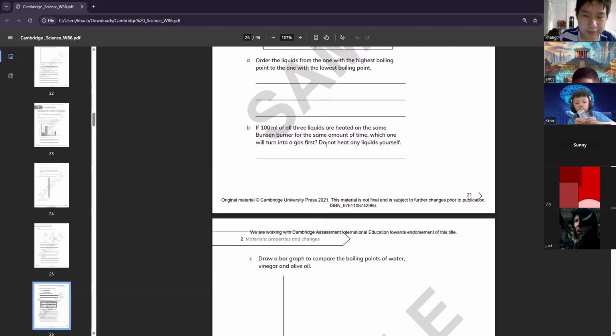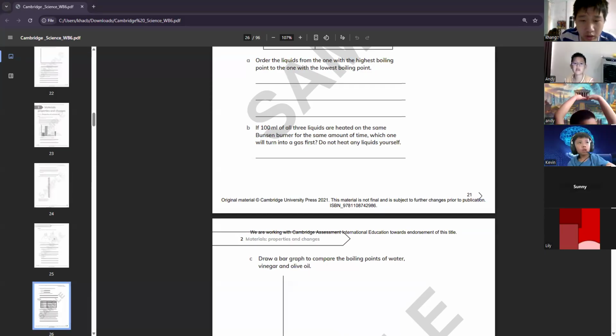This is simple enough. Now, if 100 milliliters of all three liquids are heated at the same Bunsen burner for the same amount of time, which one will turn to gas first? Please do not heat any liquids yourself. So, anyways, which one? Water. Why do you think it's water? Because water has the lowest boiling point, so it will turn to a gas first.